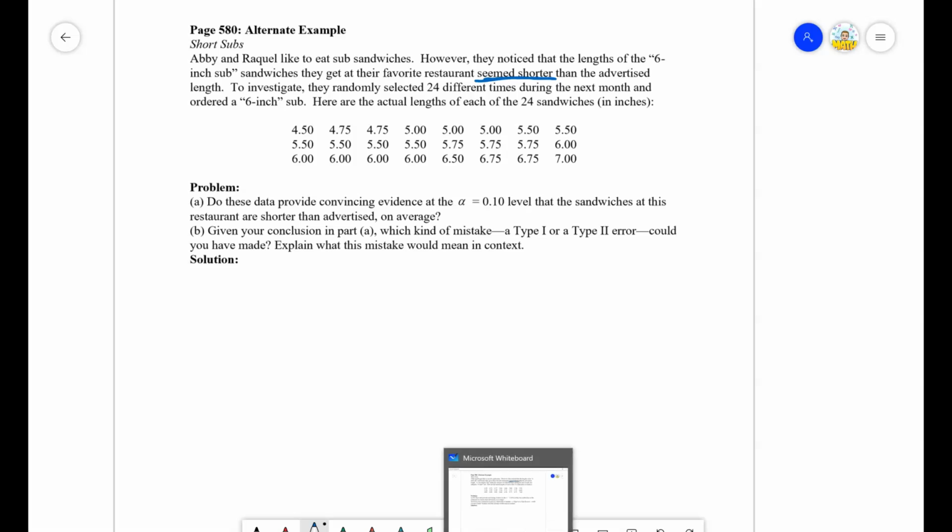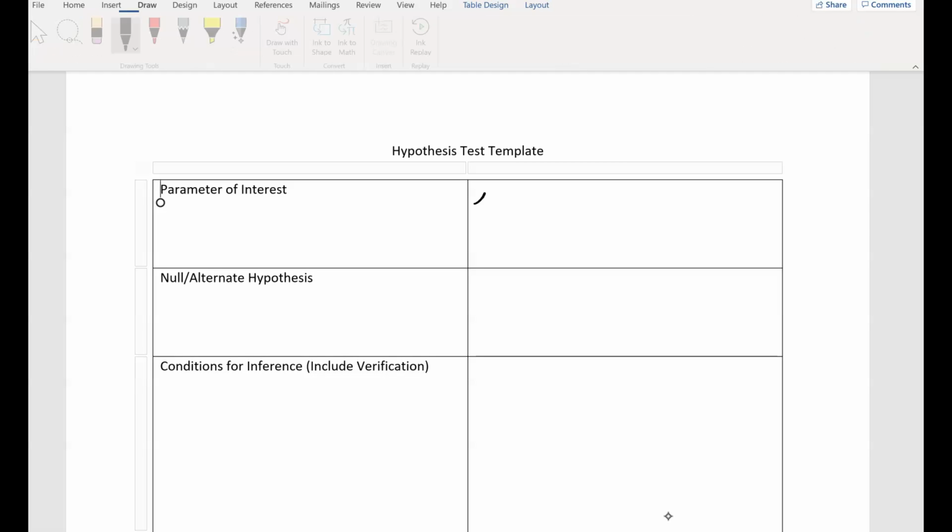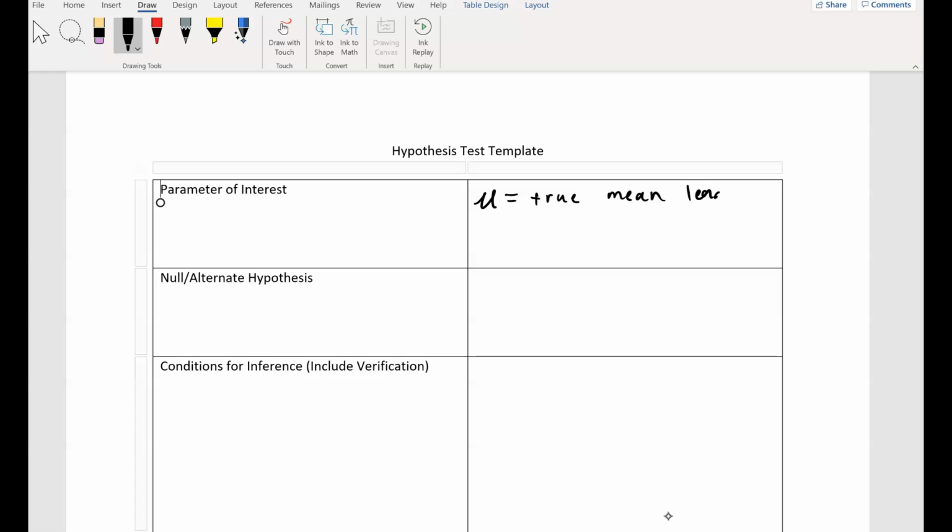So I'm going to lean on my hypothesis test template here, and this is the way I usually like to work through these. So my first thing I do is state the parameter of interest. This is mu. It's the true mean length of 6-inch subs at this restaurant.